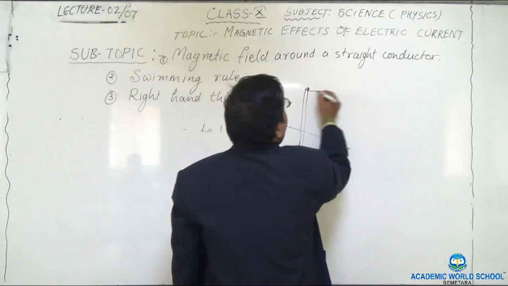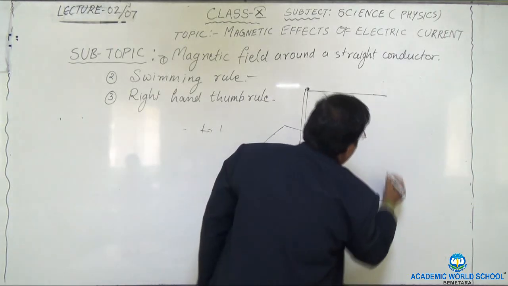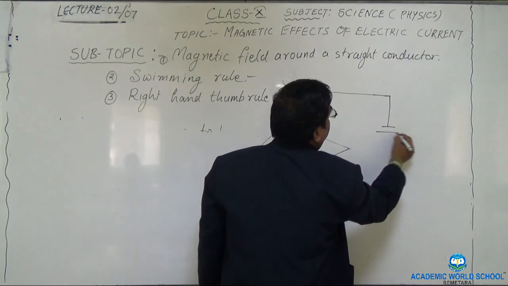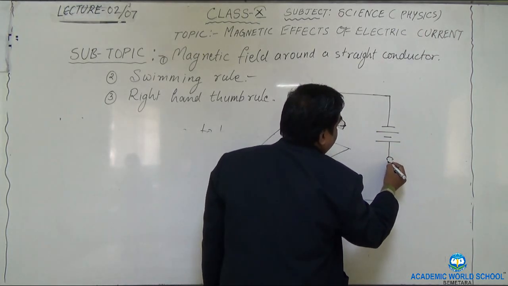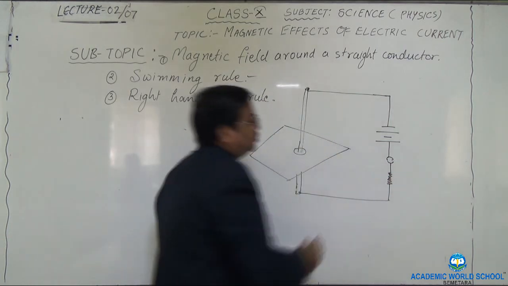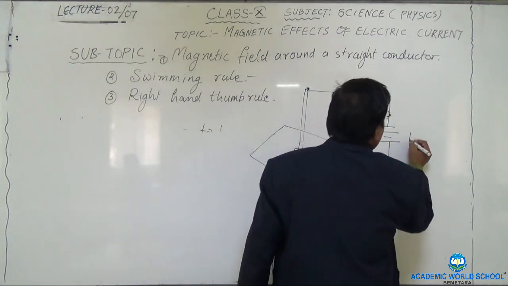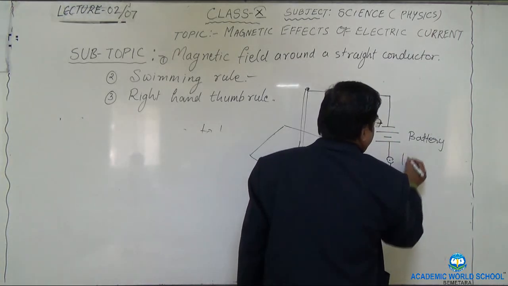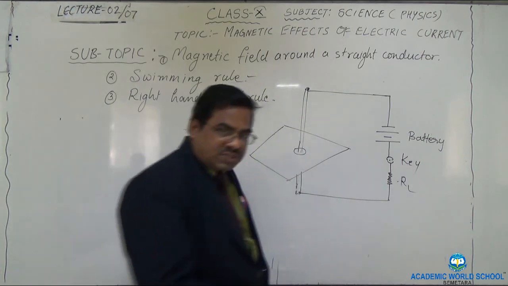The ends of the conductor were connected to make a complete circuit. So this is the circuit. Here is a battery, this is a key, this is a resistance to be used as a load.